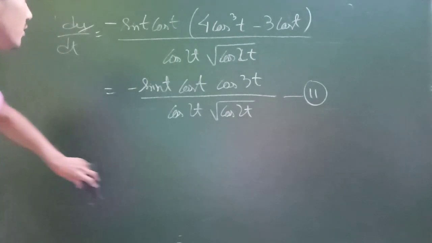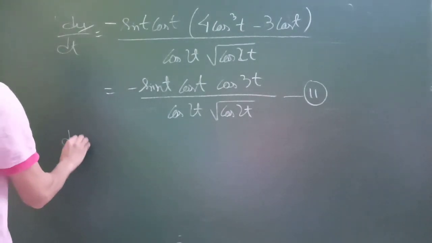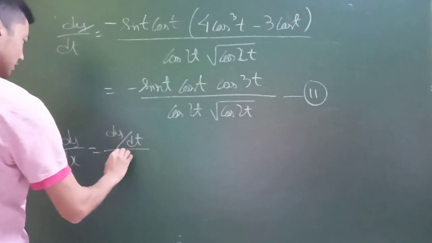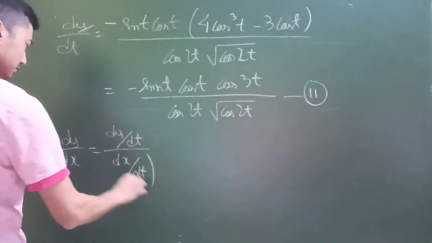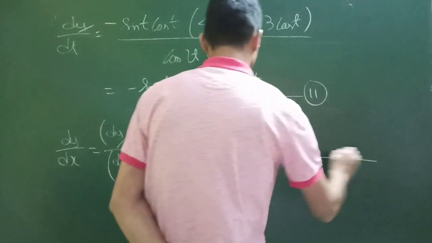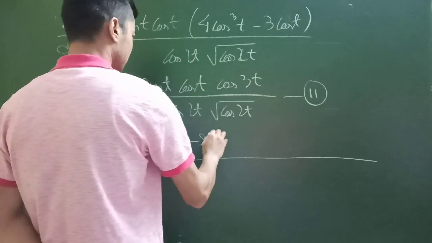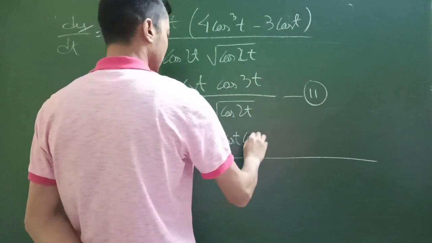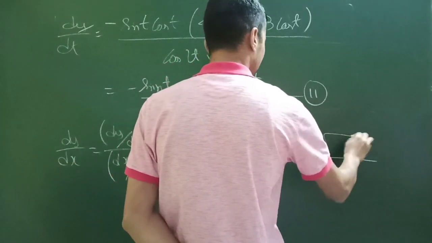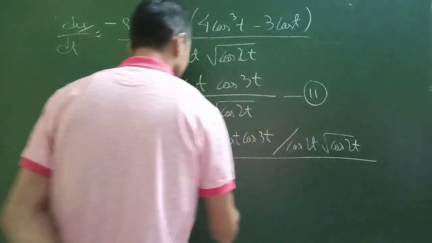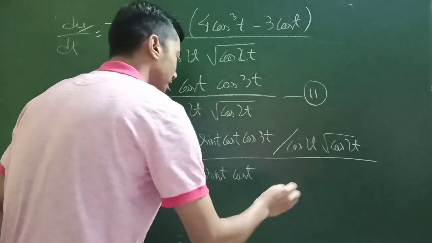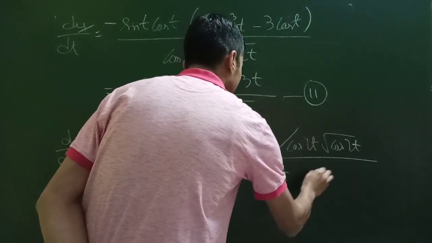So what will be the parametric form? dy with respect to dx, that's going to be dy upon dt over dx upon dt. So minus sin t cos t cos 3t upon cos 2t root over of cos 2t. The other one was, if I remember correctly, please correct me if I'm wrong, you can make the changes, sin 3t.